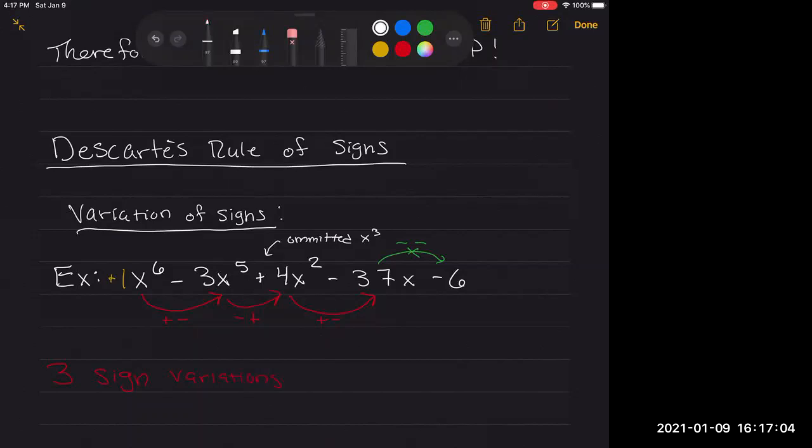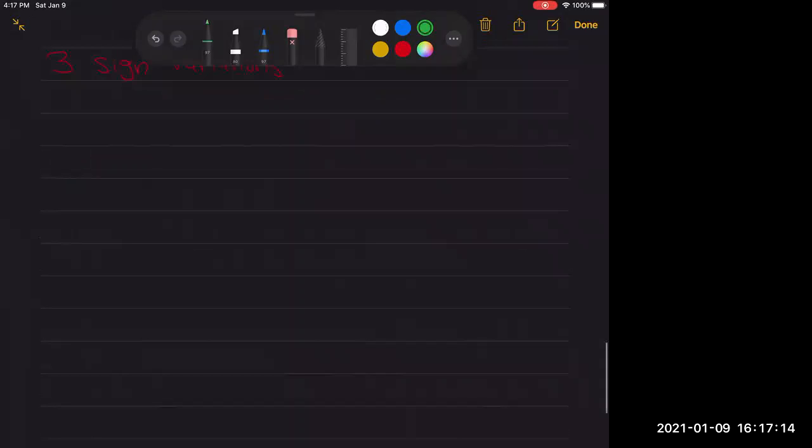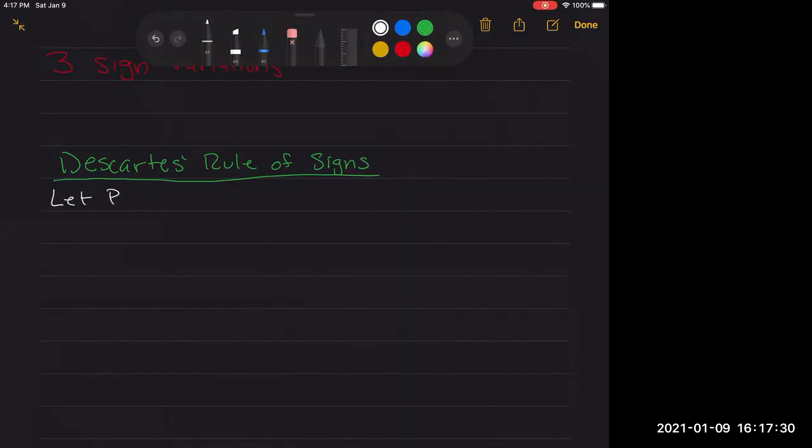All right, so now we are actually going to tell you what Descartes' rule of signs is. We're going to let P be a polynomial with real coefficients.